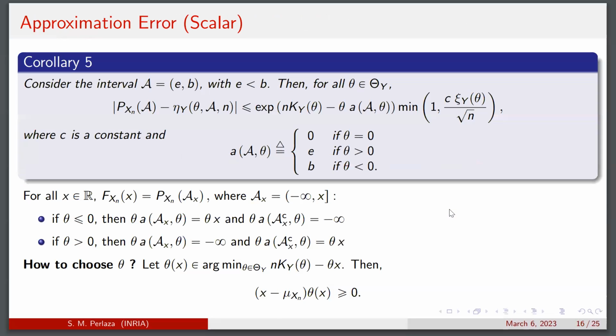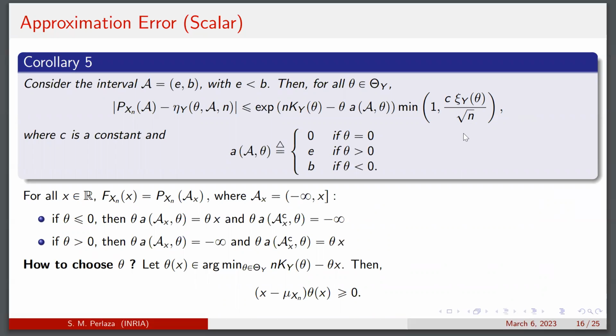Something interesting is that in this result we have two things. We have the exponential term that contains this expression inside, which is the saddlepoint approximation, and we obtain this square root of n. Let's consider this as a constant times the square root of n. So we already have a square root of n and an exponential.